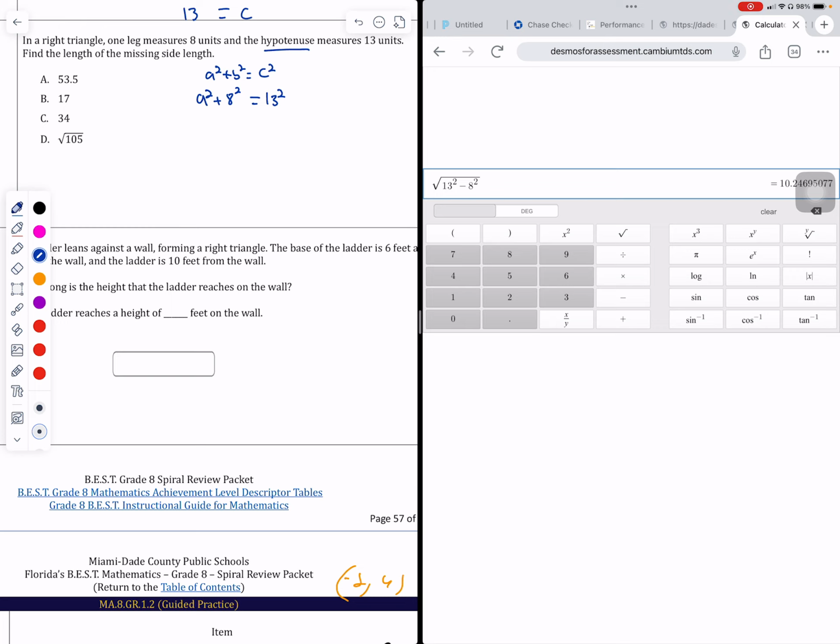Now I look at my multiple choice and I don't see this. So here's what I'm going to do. I'm going to remove the square root symbol. So 13 to the second power minus 8 to the second power is equal to 105. And then I take the square root of 105. So my answer is this.